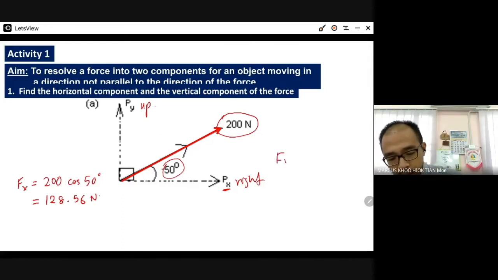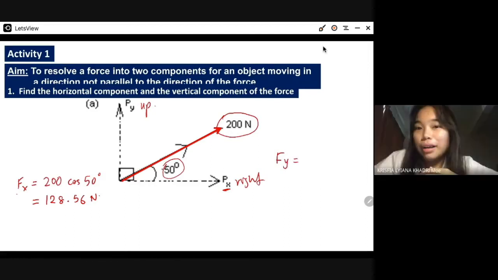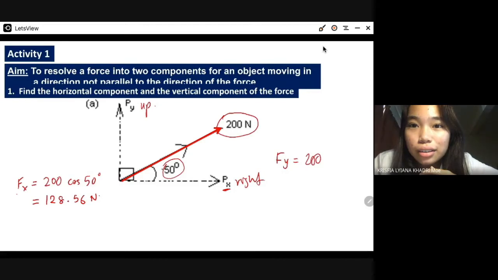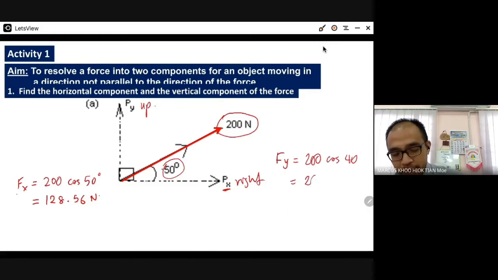Okay, Jericho. 200 cos 40. Oh, you want to do it like that? Okay. Christia, fine. 200 cos 40 is actually also the same as 200 sin 50.